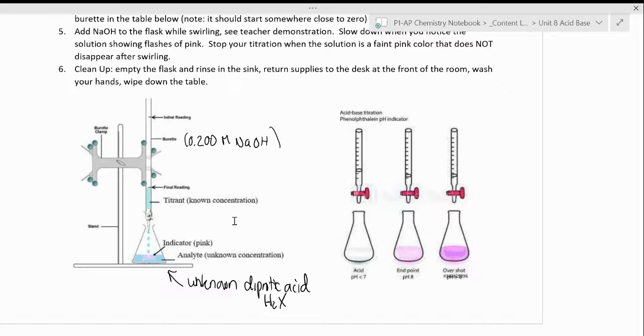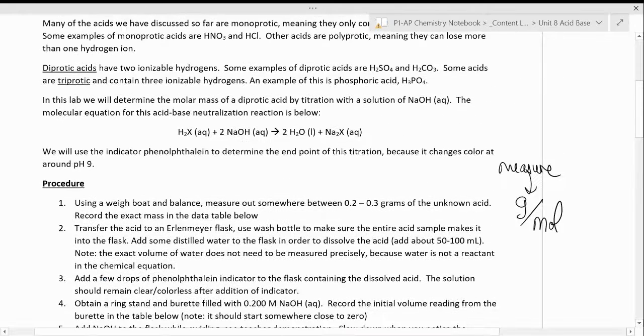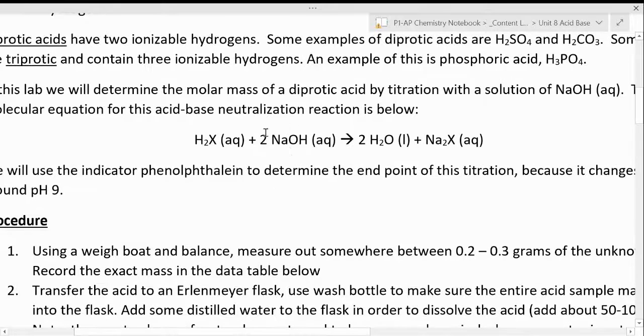We'll measure out the mass of our acid, add some indicator, and then add base until our acid is neutralized. At that point, we're going to know the volume of base and the molarity of base, so we can figure out how many moles of base were added. Remember, we know this stoichiometry, so if we know how many moles of base it took for this reaction to occur, we can figure out how many moles of acid must have been in our flask.